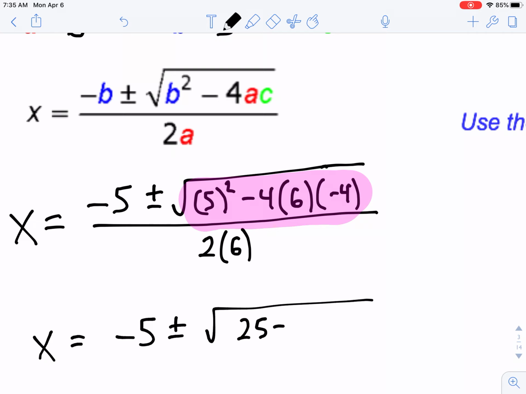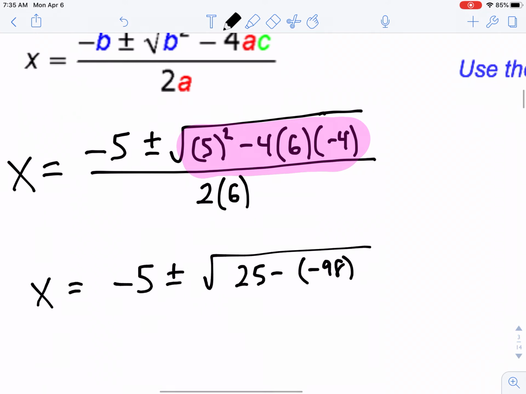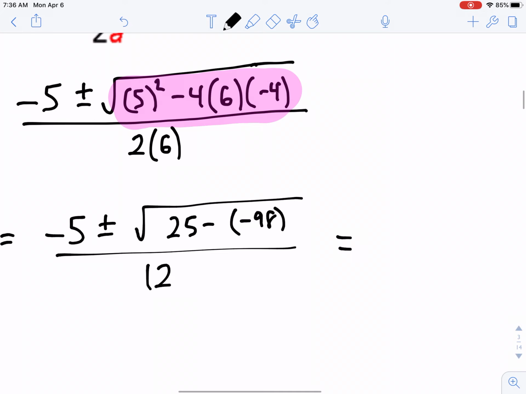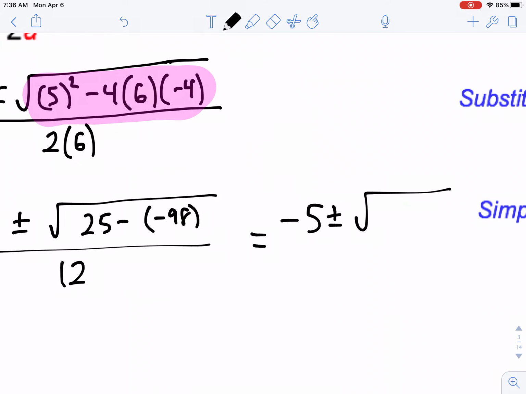So 4 times 6 is 24, times negative 4, that's going to be negative 98, so it's going to be minus negative 98, and you obviously should use a calculator for that, which is over 12, so this becomes negative 5 plus or minus the square root, 25 minus negative 98 is going to be, what's that, 123 over 12.